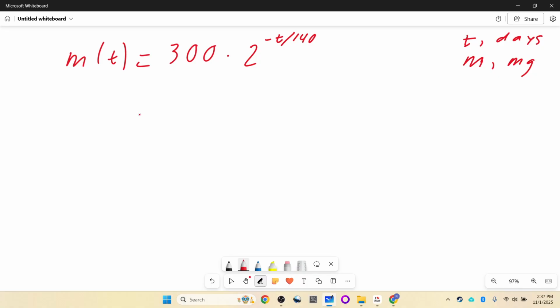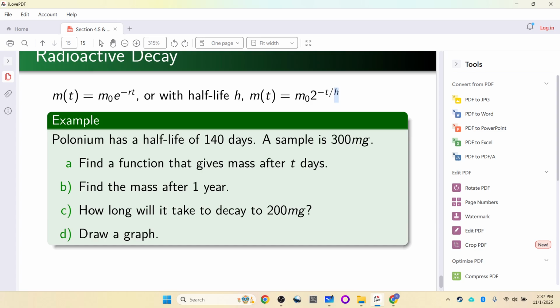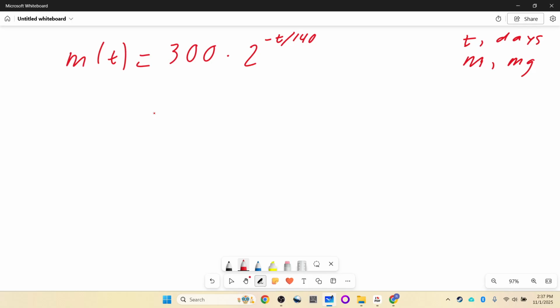Now let's see. What were the questions that were asked? Okay, so there's a function. Find the mass after 1 year. Okay, so 1 year is 365 days. Two to the negative 365 over 140.